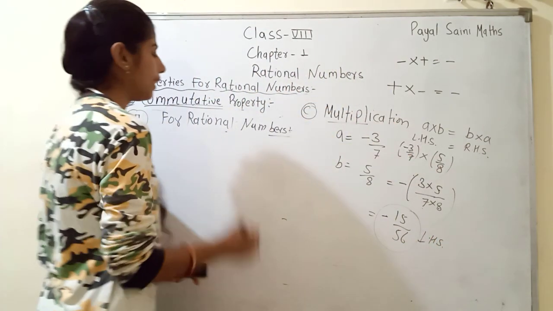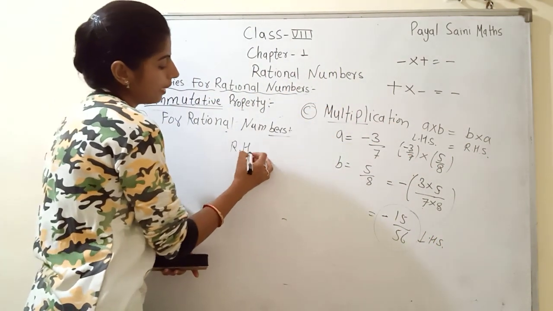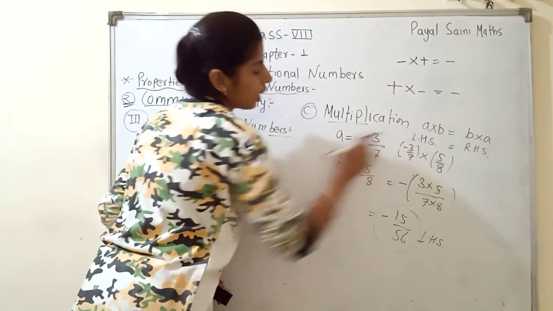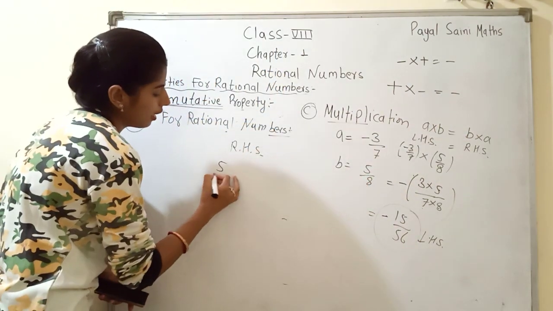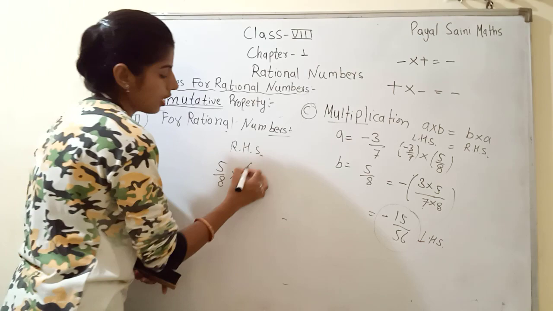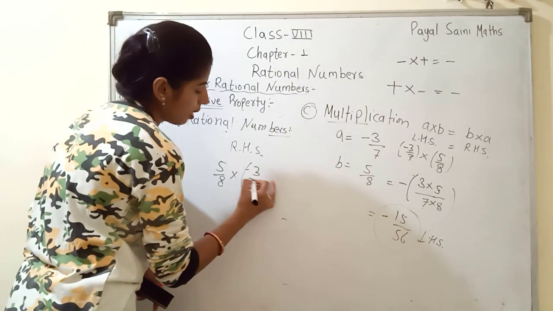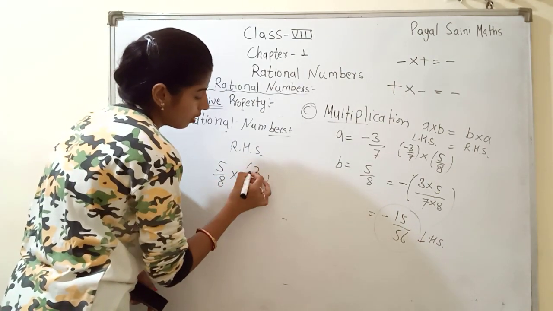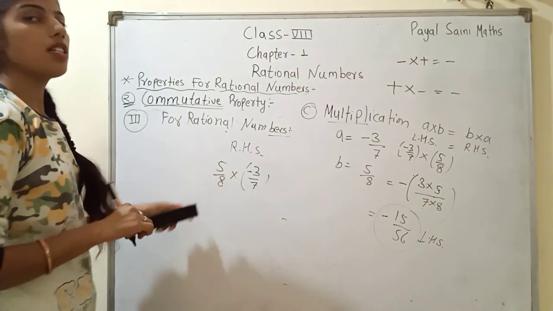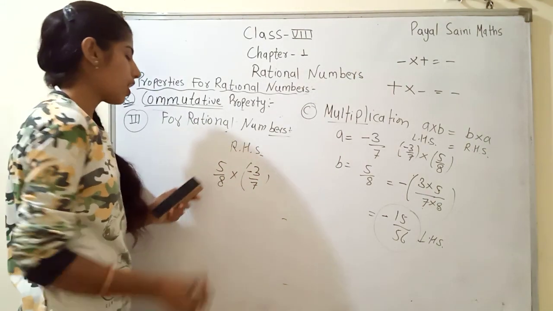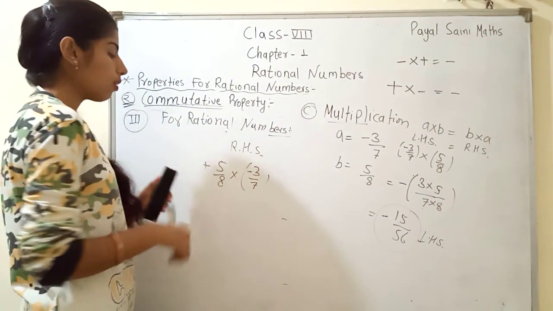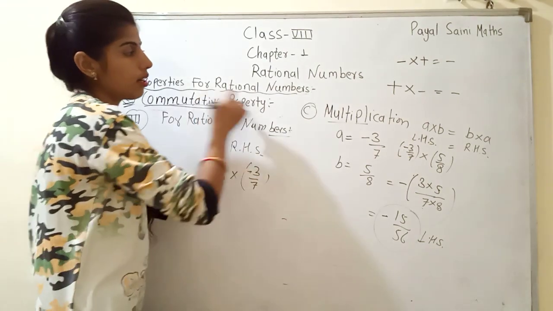Now we check the right hand side. Right hand side is b into a. B value is 5 by 8, multiplication sign, and a value is minus 3 by 7. Now first, multiplication of signs. Here there is no sign, so we write plus.